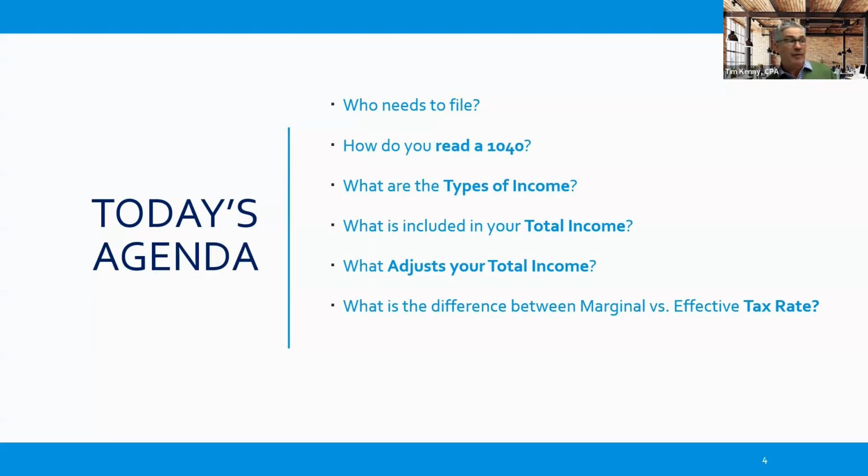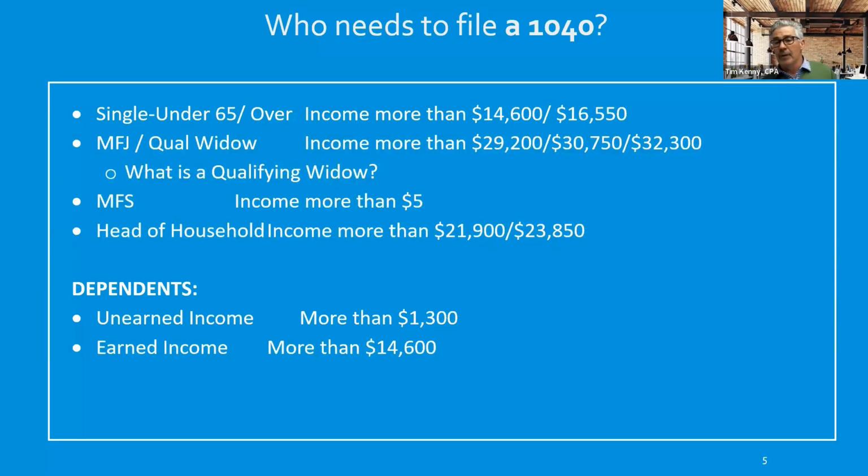And we're going to look at the difference between marginal and effective tax rates. Then we're going to have some fun and some question and answer time. So we've got quite a bit to get through, so I'm going to move quickly so we have time for the fun and the questions and answers at the end.